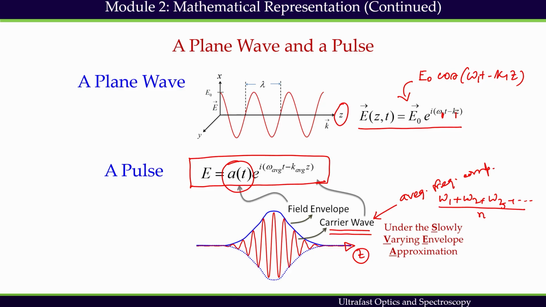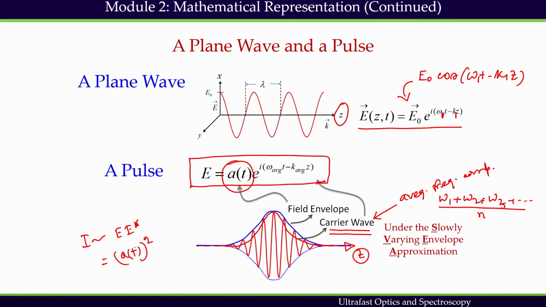Here we are representing the pulse, and in general when we talk about the pulse, we also present its intensity profile. It is not exactly the field envelope, it is slightly different, because intensity is nothing but E star E, which is nothing but A(t) squared.